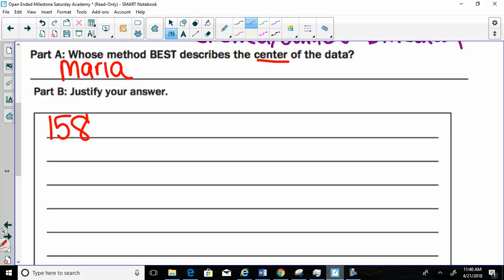All right, 158 is an outlier. Do you want me to write this down or can I orally tell you? I'll just do it in case people are watching this. It is an outlier and skews the mean.